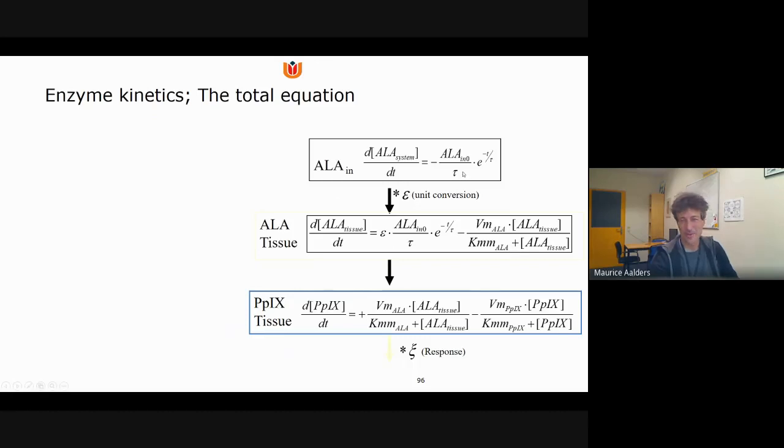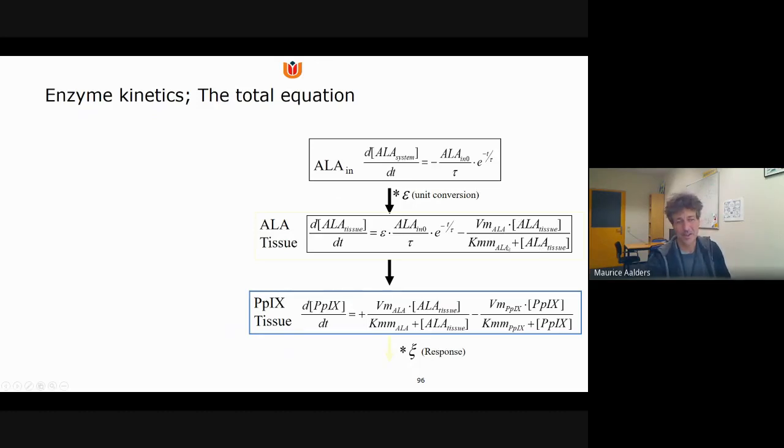So if you describe it into a series of equations, and this is what we physicists like, of course, there's ALA in the system, it's distributed. This is just the time constant here, exponential pharmacokinetics. Then the amount of ALA is increased because there's ALA going to a certain location, and it's decreased because of the conversion to protoporphyrin.